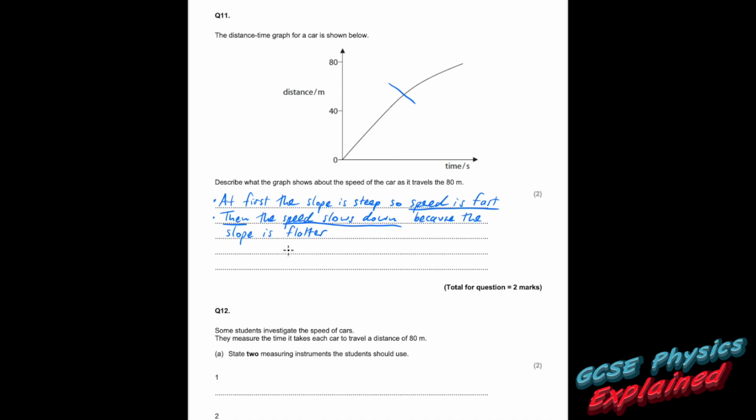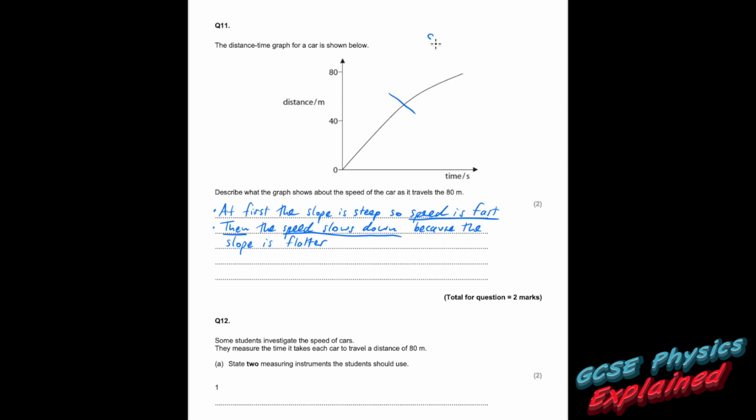To be honest, you'd probably be okay just putting what I've underlined. And remember, the slope would be distance divided by time, which gives us our speed. Alright, your teacher might use the word gradient instead of slope.